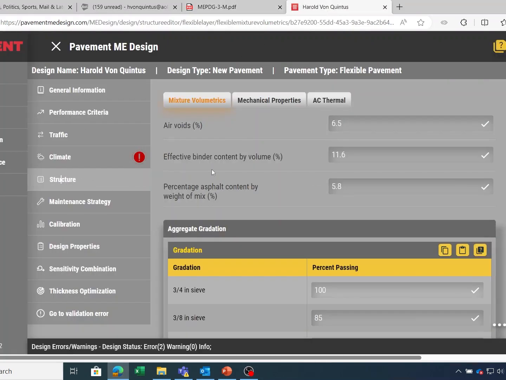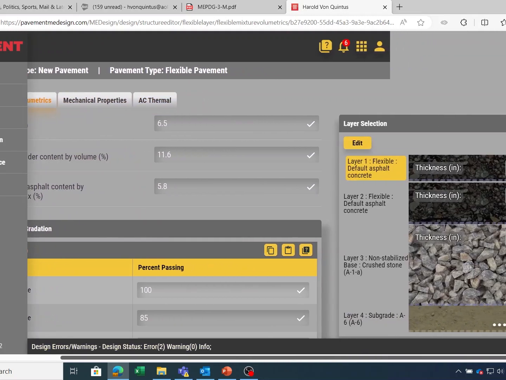So under structure, we have our 3 tabs: mixture volumetrics, mechanical properties, and AC thermal for our different structures. The wearing surface and an asphalt base or multiple asphalt layers below the wearing surface.